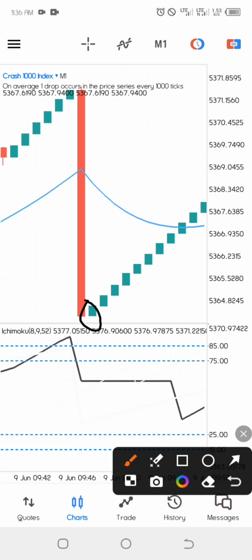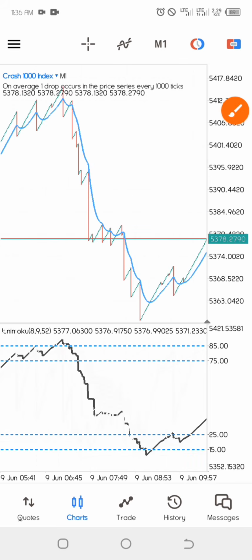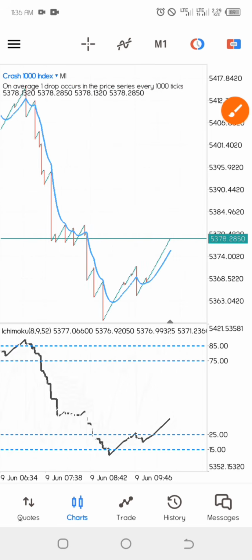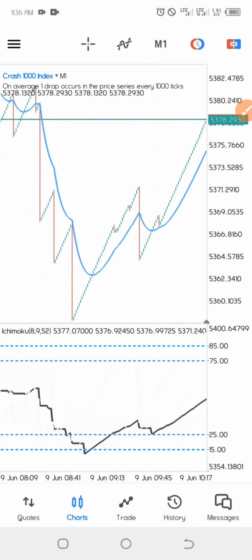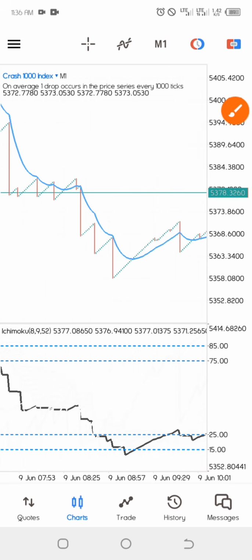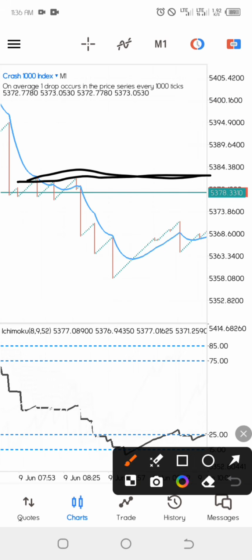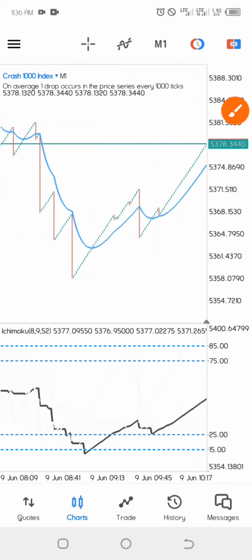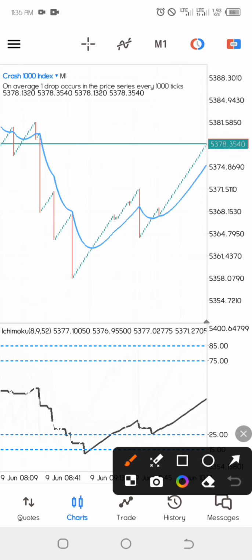You enter a trade with that candle, and then you take your profit either at the next support area right here, or when you see the Ichimoku touch the 75 levels of the RSI.